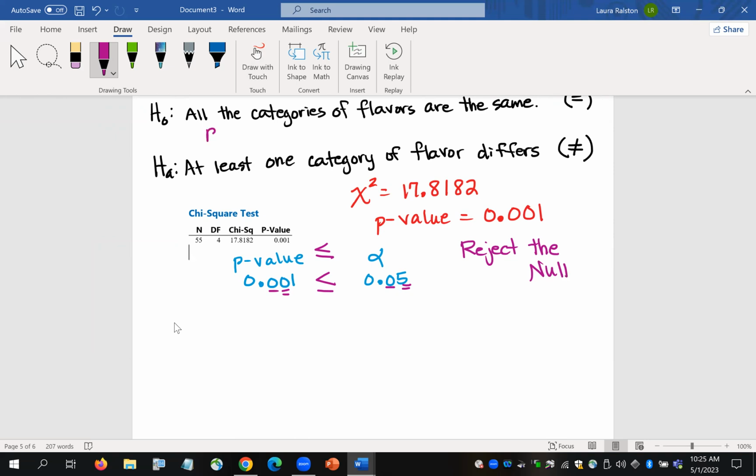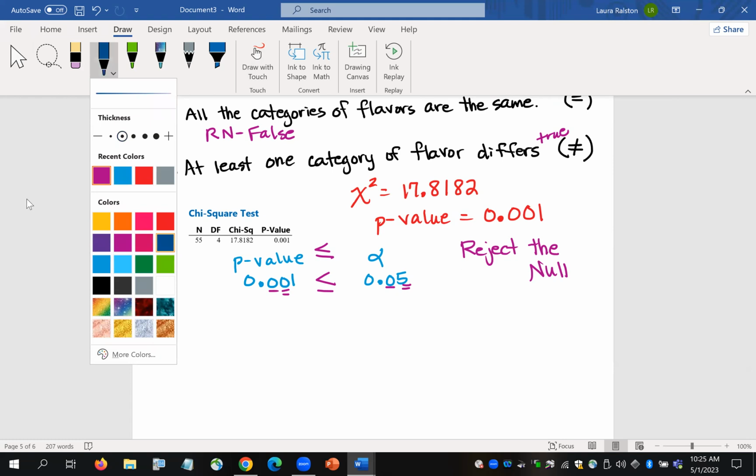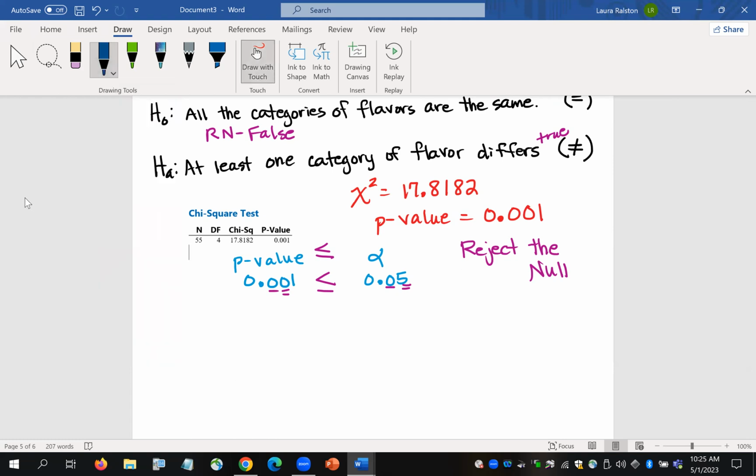If I reject the null, remember that means the null is false and the alternative is true. So in this scenario, based on the evidence that we have, at least one category of flavor is not the same. It differs.